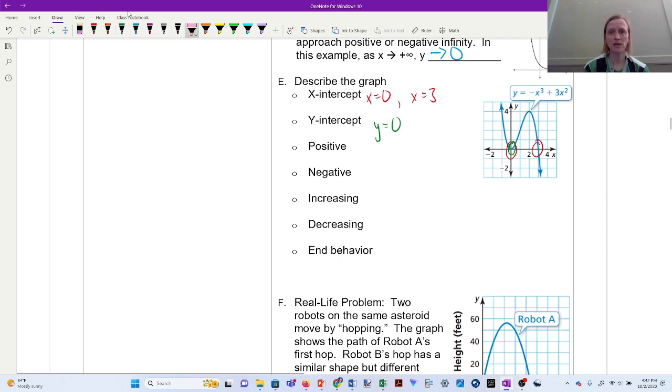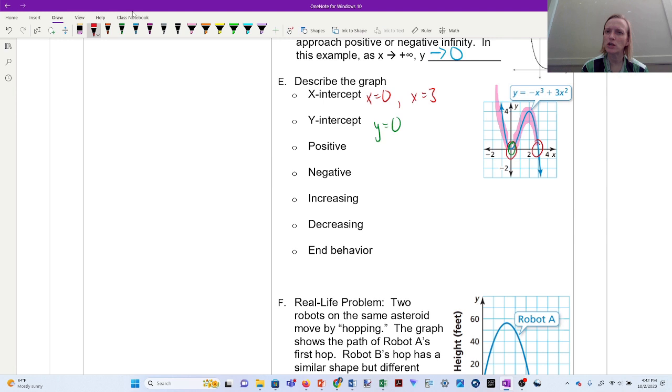Where is this graph positive? The graph is positive any place I'm above the x-axis, so that's this whole region here that I've highlighted in pink. Remember to use the x-intercepts as your break-off points for where you're positive or where you're negative.